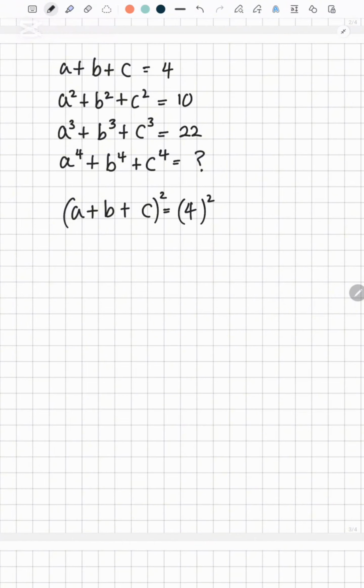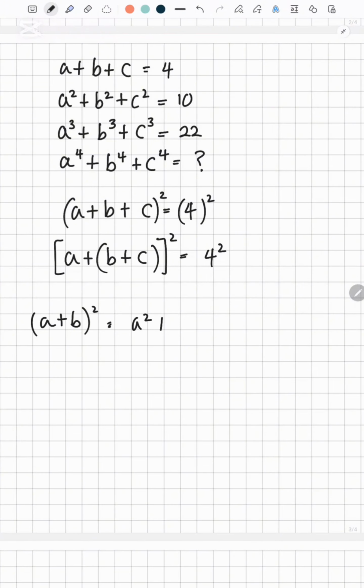So I can write (a + b + c)², and I'm going to expand this the way we expand a normal quadratic. Let's say you have (a + b). When you expand this, you get a² + 2ab + b², right? I'm going to expand it like that.